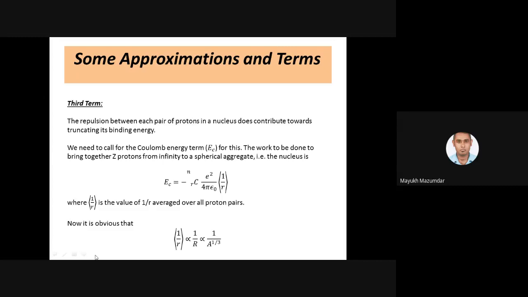Attraction or repulsion due to charges. Attraction between positive and negative charges. Is there any negative charge inside the nucleus? No, sir. So what kind of force will be there due to charges? Repulsion, sir. Repulsion due to protons, right?